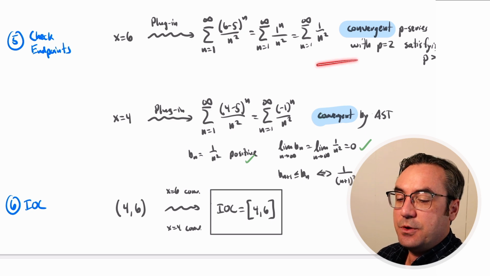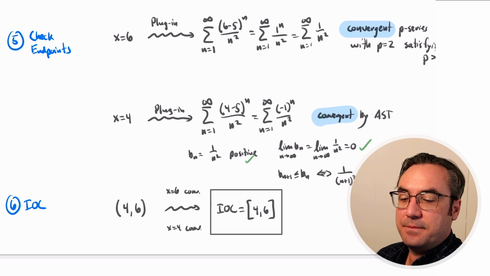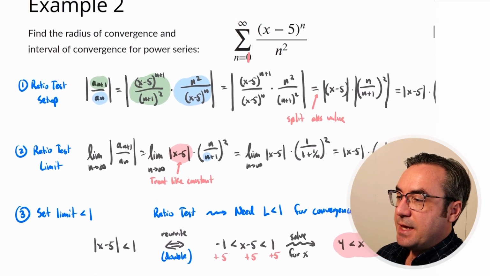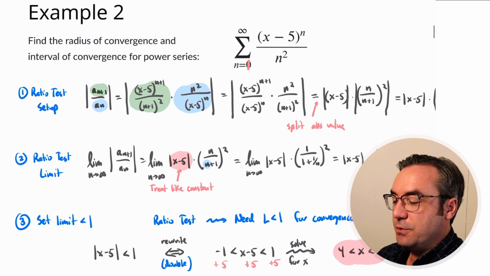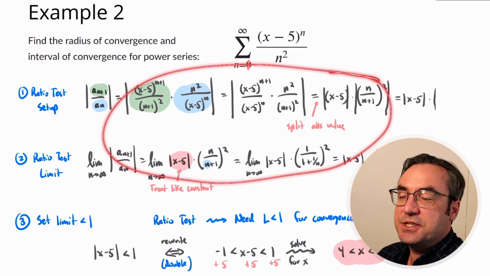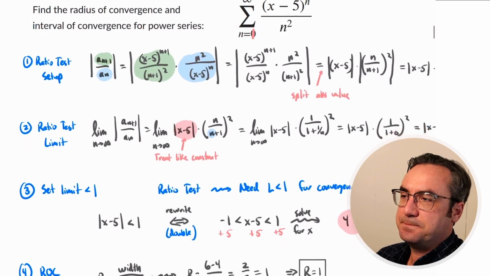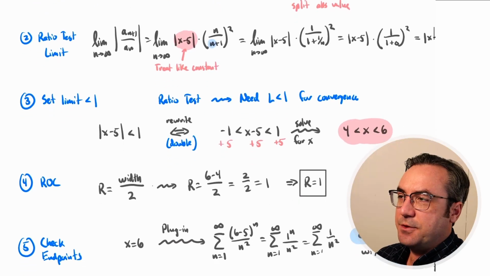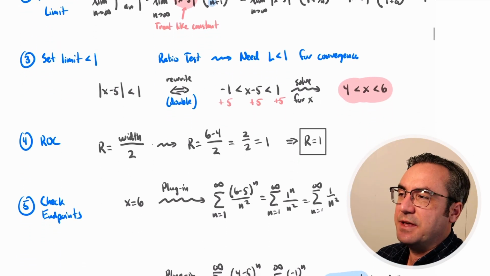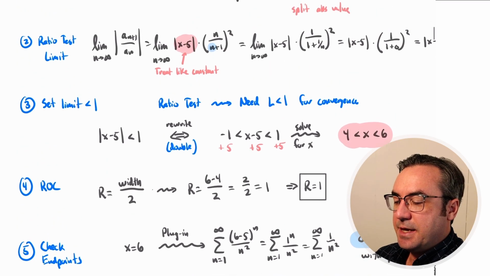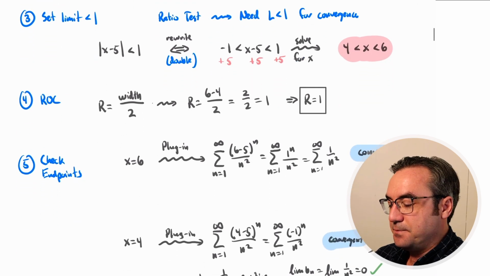And they're a good review for a lot of our other series tests. So the way we're doing this is we're using the ratio test to really get us started. And this gets most of our interval for us. So the ratio test does most of the heavy lifting. Where it breaks down is at the endpoints.